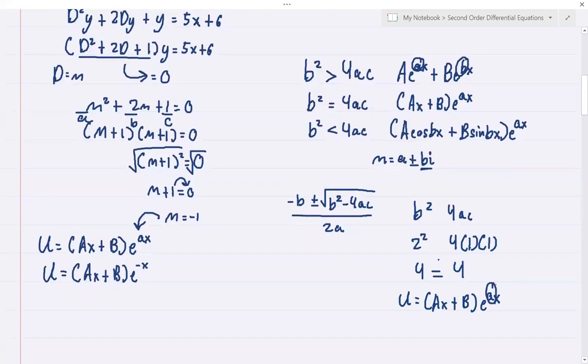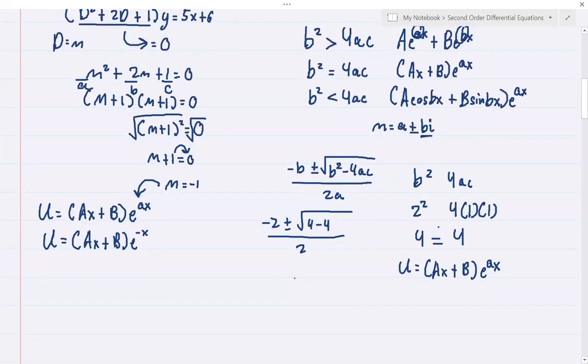Now, let's find your small a. Okay? So now let's substitute it in here to find your m values. So we have negative 2 plus or minus the square root of 2 squared, which is your 4, minus 4 times 1 times 1, which is still 4, all over 2 times your a, which is 1, so it's still 2.